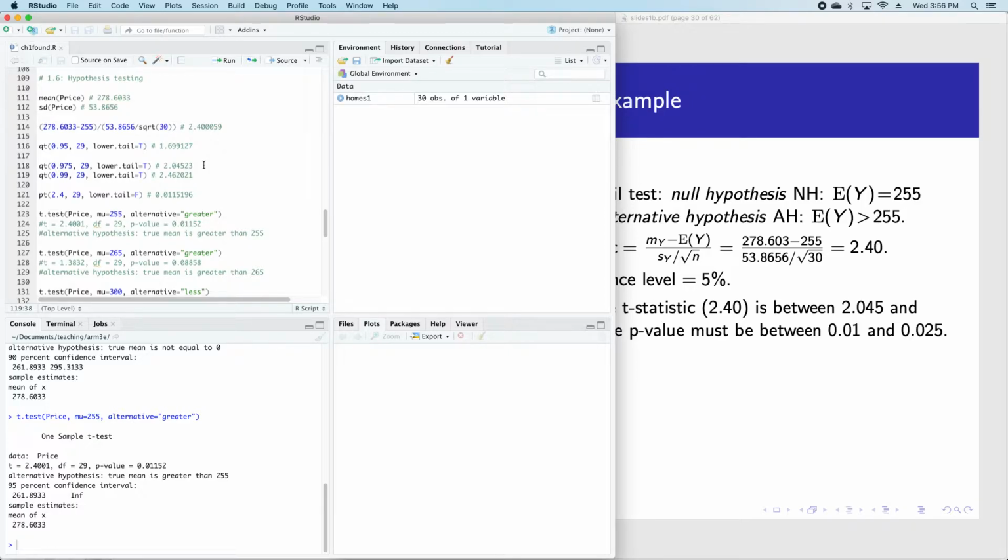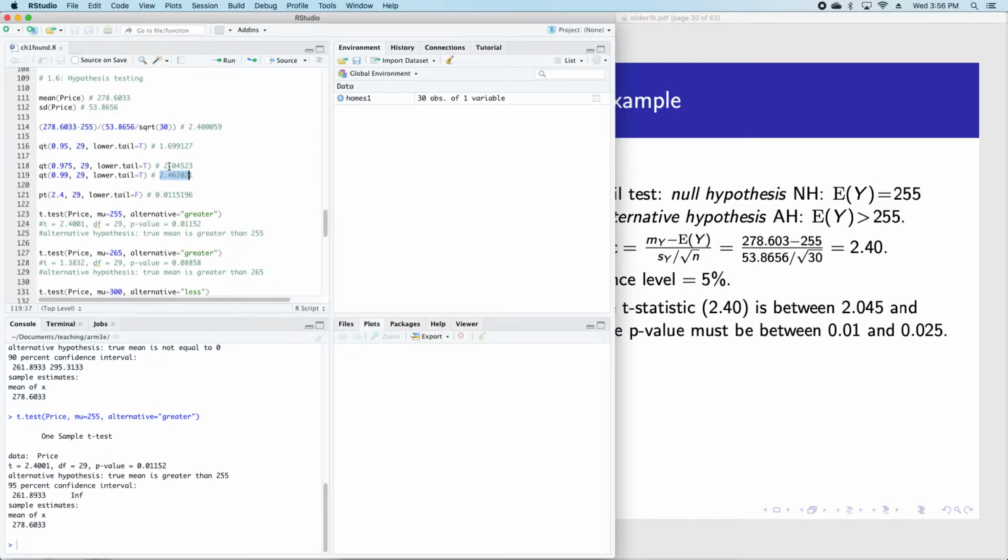The p-value, remember, is the tail area beyond the test statistic, and so the tail areas beyond each of these two values will bound the p-value. Okay, one will be a little bit bigger, one will be a little bit smaller.